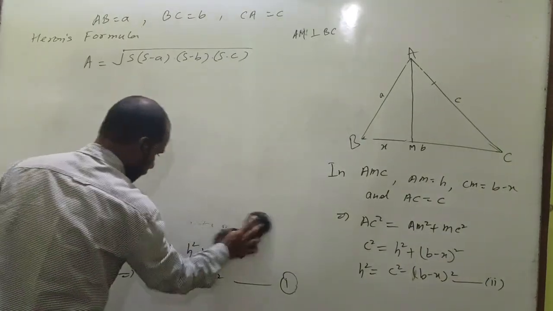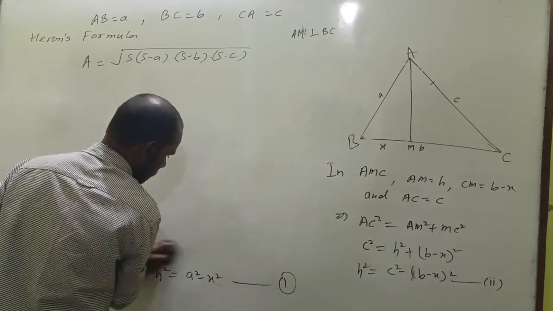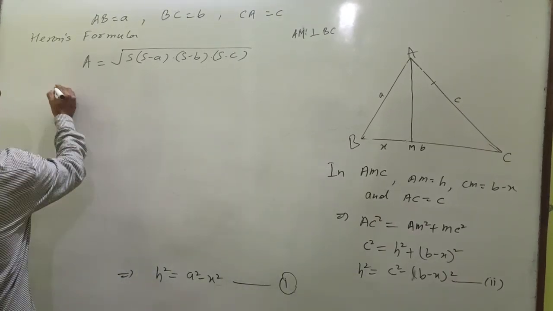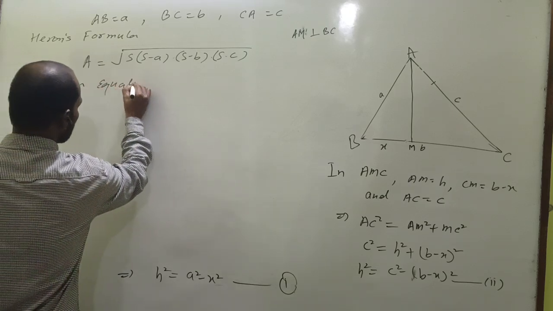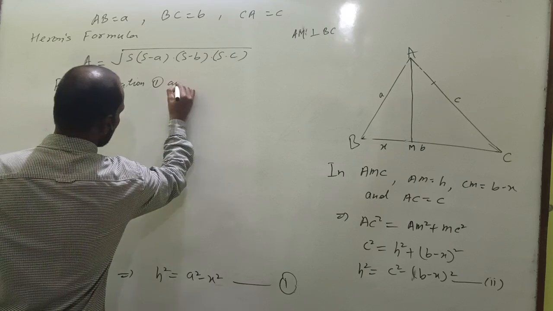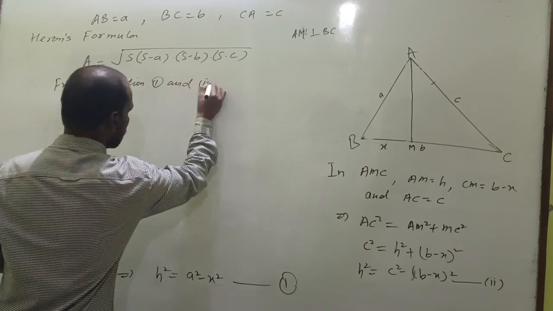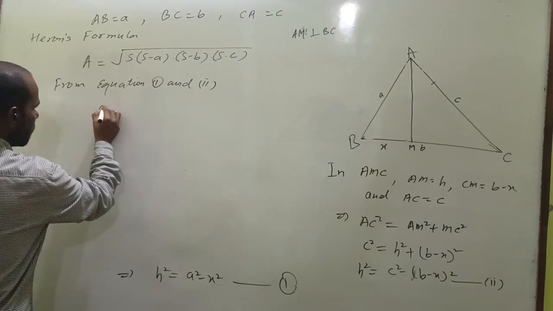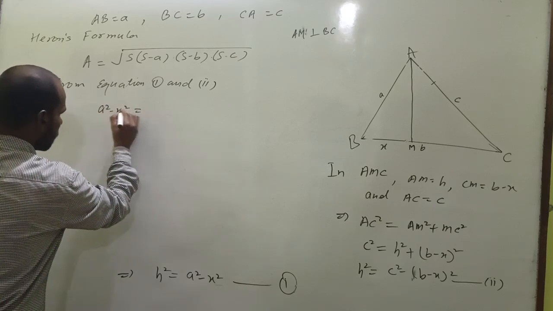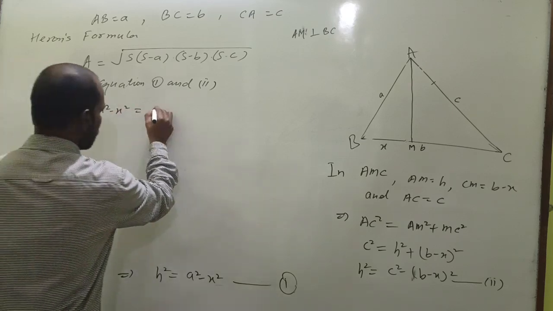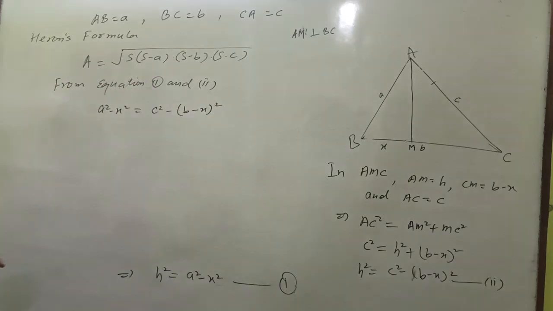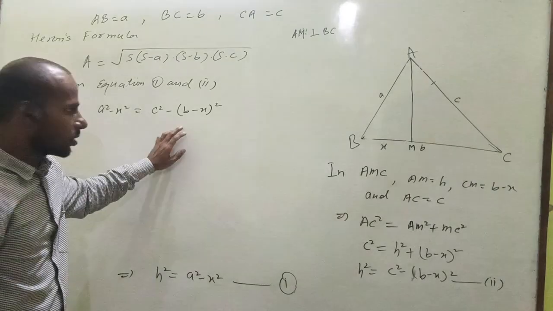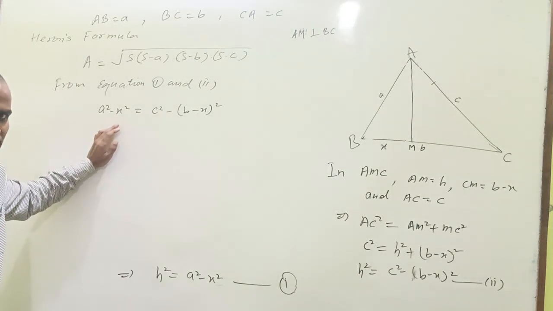We can write that A square minus X square is equal to C square minus B minus X whole square. Right? Now from this equation we will try to find the value of X.